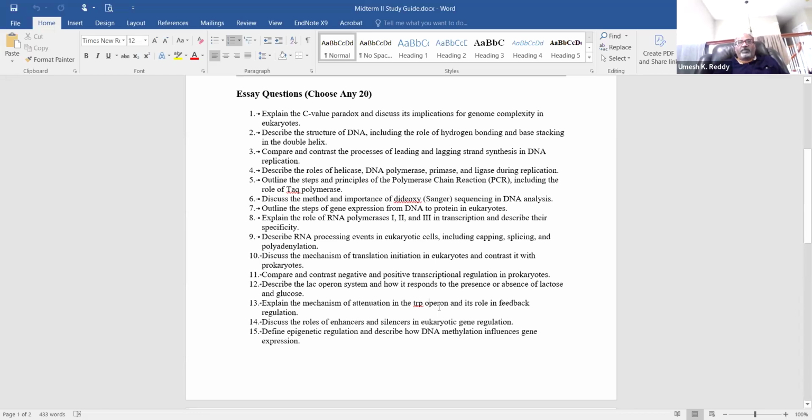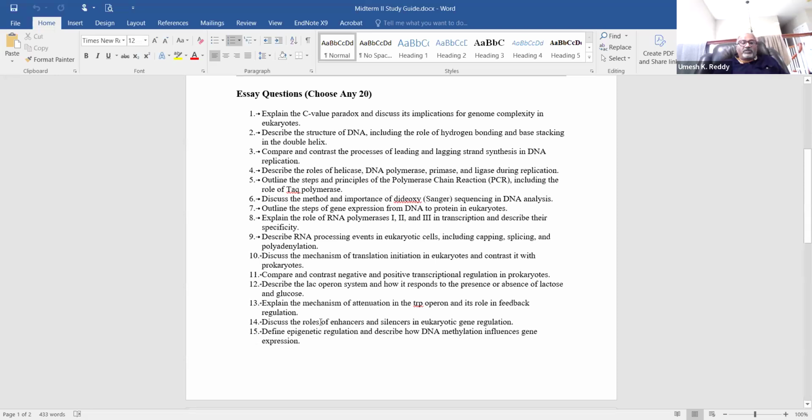So the leader will form a termination loop, with 1 and 2 and 3 and 4 binding to each other. When the ribosome passes through this loop, there will be an anti-termination loop between 2 and 3, releasing 4. That release of the fourth domain of this leader is very important for transcription. So this process is a fine control or fine tuning of the tryptophan operon. This process is called attenuation.